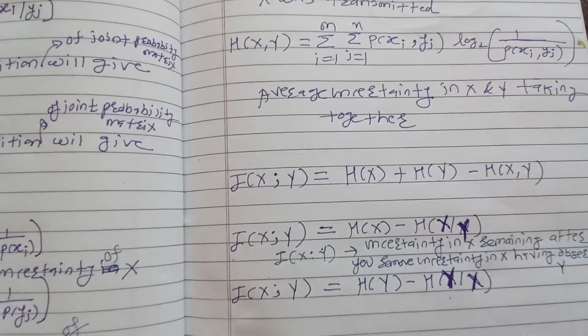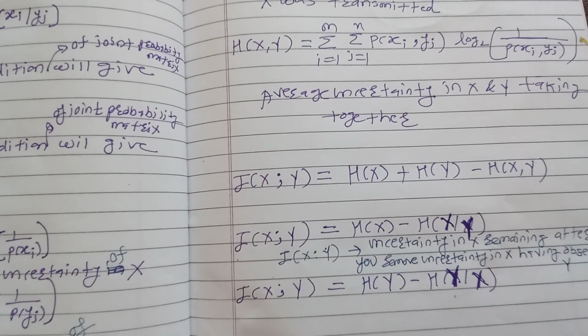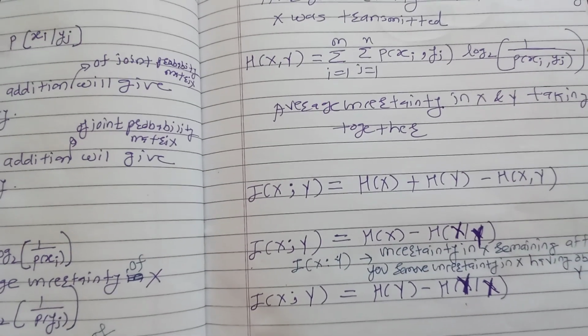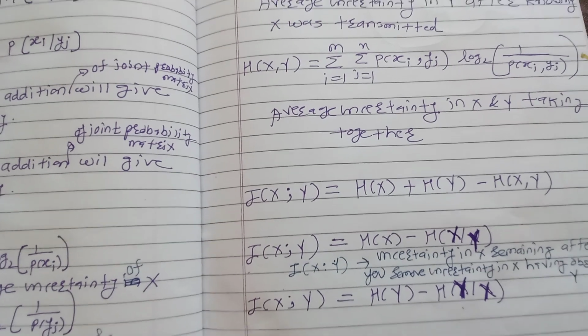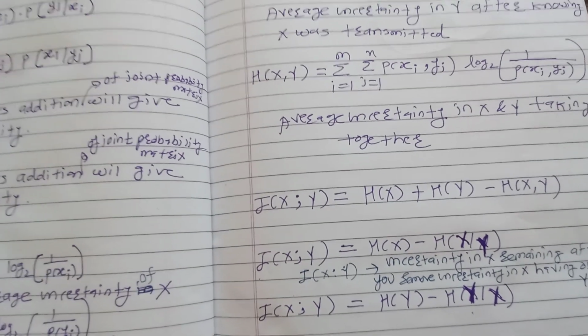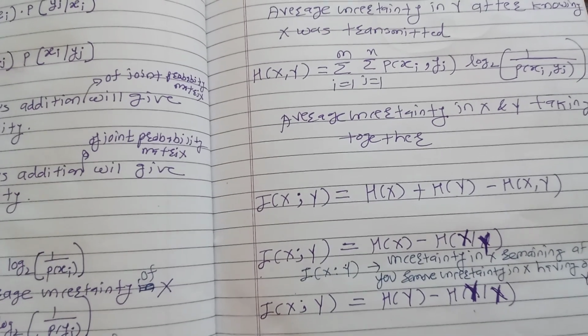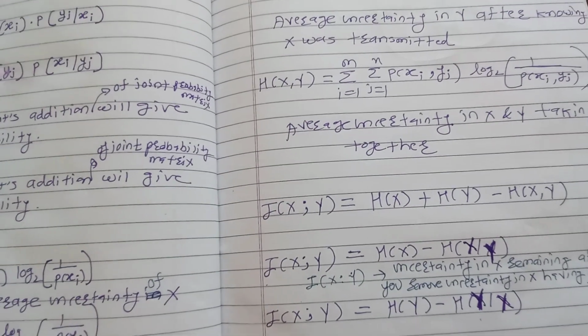For example, if you want to know something about a particular person, and you are asking a third person, you gain the information that he is living in XYZ city.